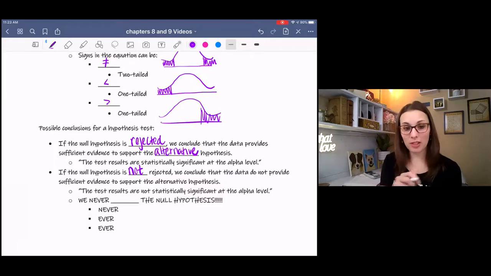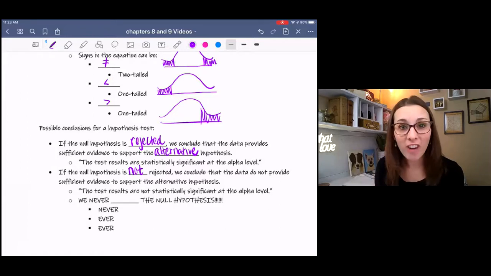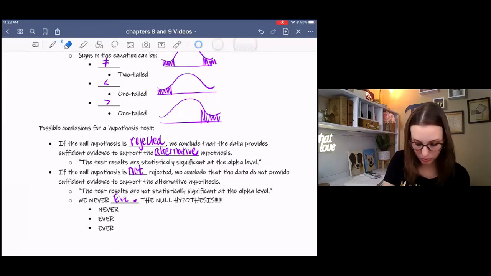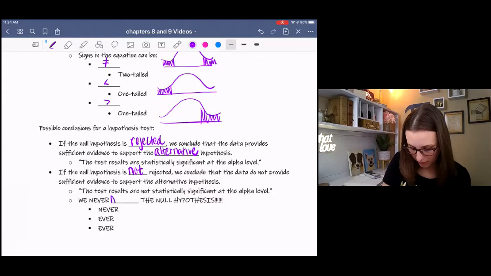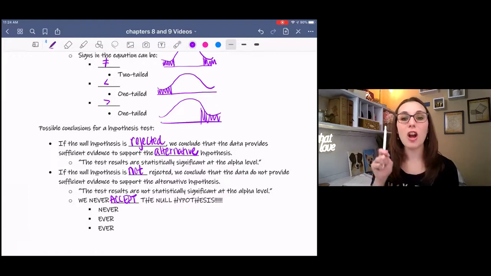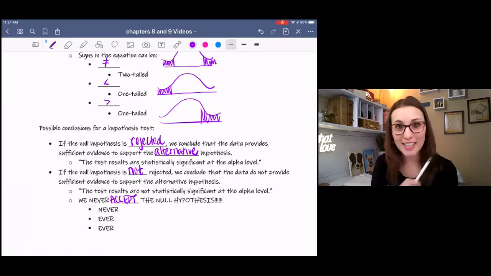And this is important. I put this in all caps because it is so important. We never, ever accept the null hypothesis.